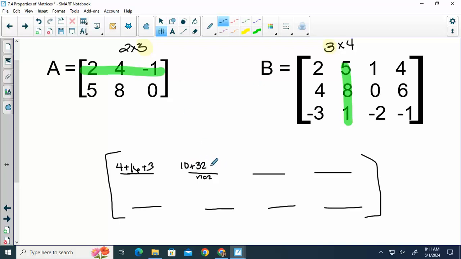Negative 1 times 1 is negative 1. This is row 1, column 3. So to get that answer, I have to take row 1 times column 3. So 2 times 1 is 2, plus 4 times 0 is 0, plus negative 1 times negative 2 is 2.